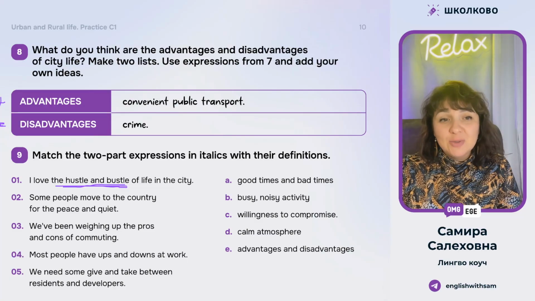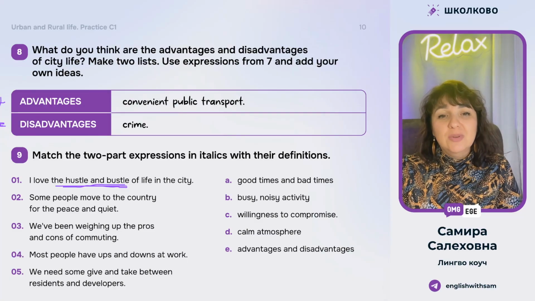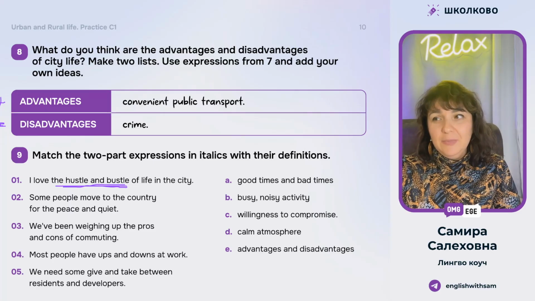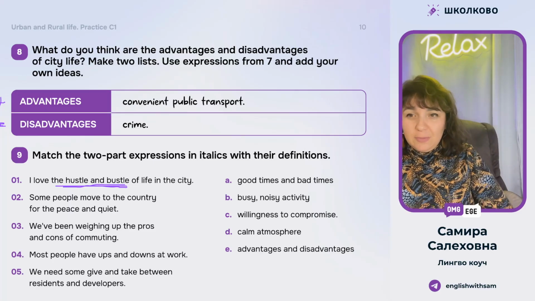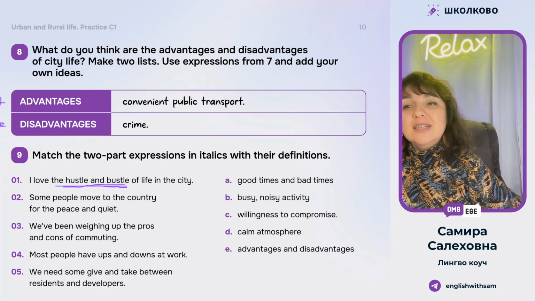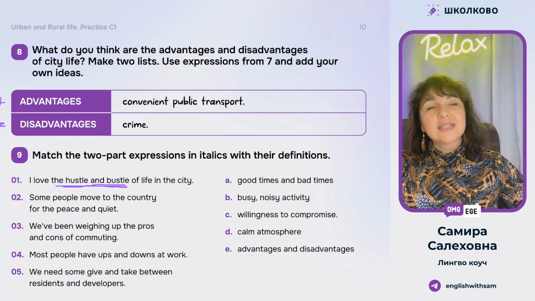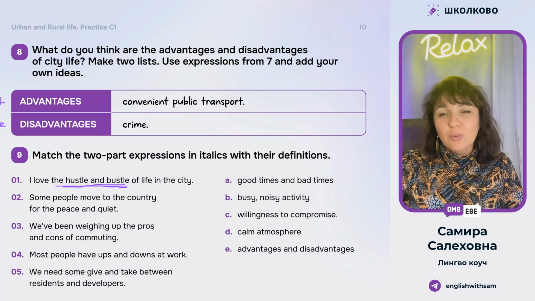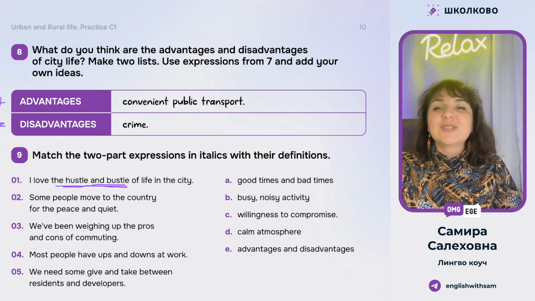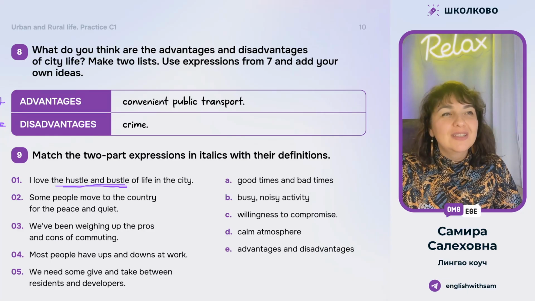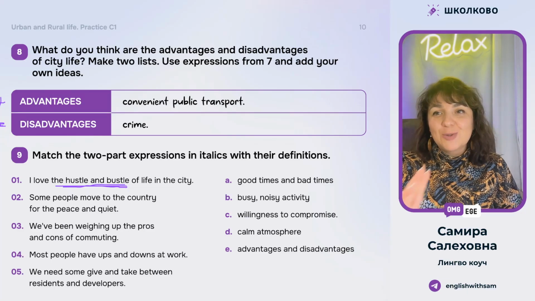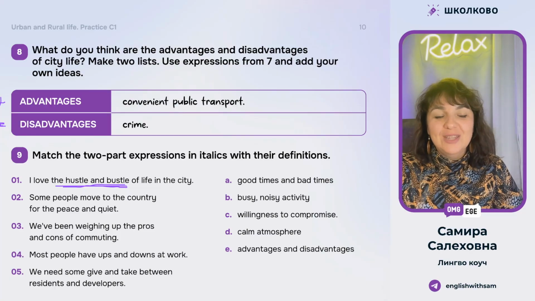So let's match the expressions with their definitions. We have: I love the hustle and bustle; life in the city is more stressful. Well, in this case, you need to clarify why, потому что стресс может для кого-то быть и в деревне с коровами. То есть тут он для всех разный, надо уточнять.